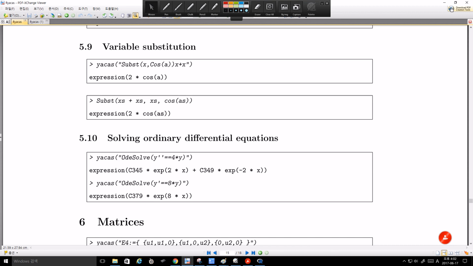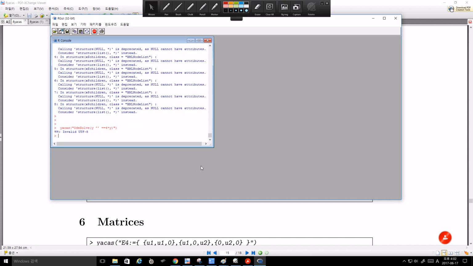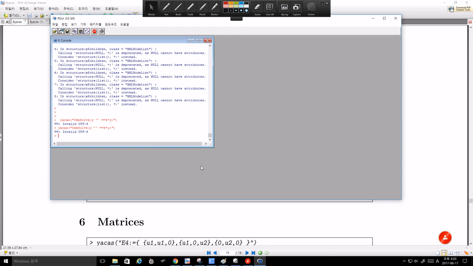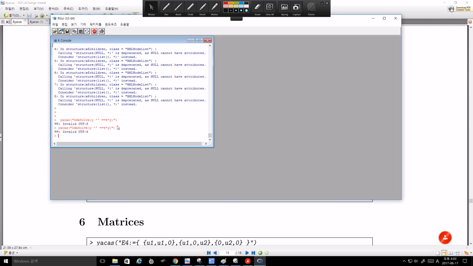So ODE solve. It is a second order differential equation, and we know how to solve this one. And when we solve it, we have two exponential parts because it is a real number. So Ryacas, if we run this one, let me run it again. Yes, there is some error here, sometimes R doesn't work properly, I don't know why. Yes, it does work.